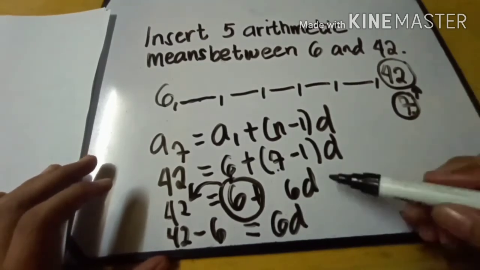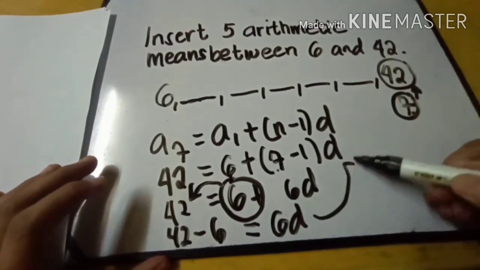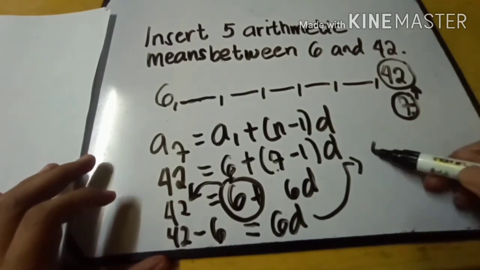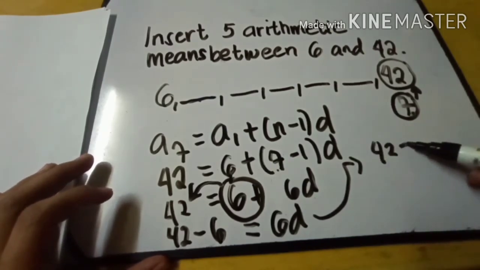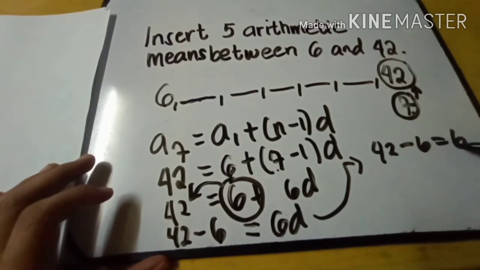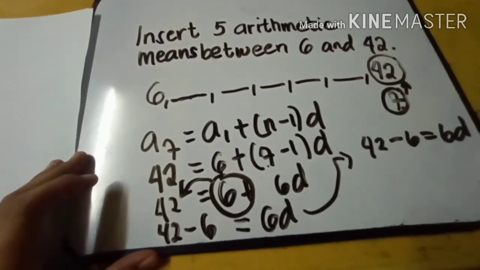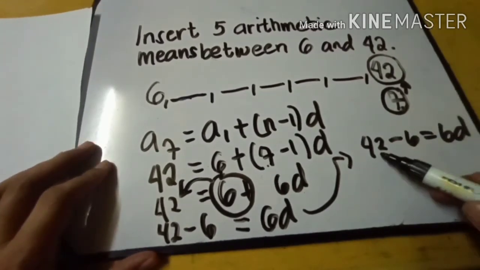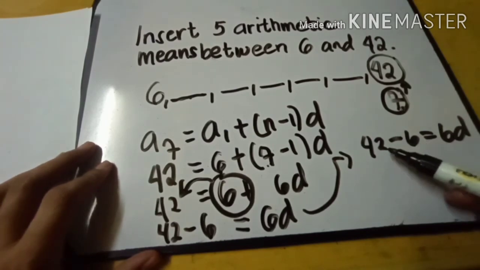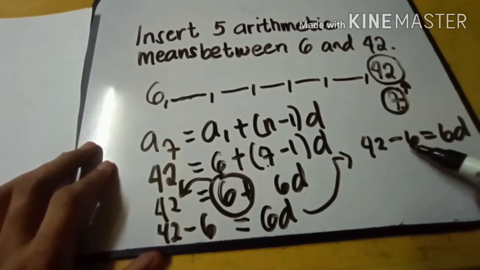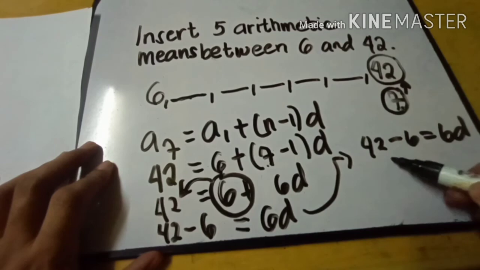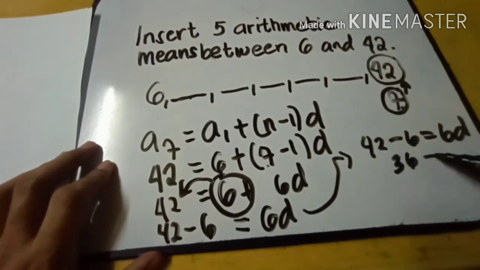So here 42 minus 6 equals 6d. And then we have to combine this. 42 minus 6 will give us 36. That is equal to 6d.